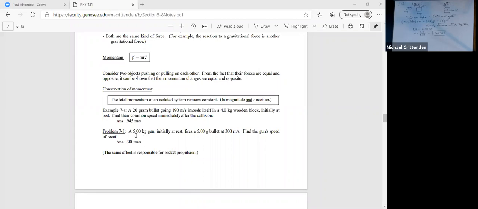So this one that I'm going to have you do is kind of like the one I just did, only backwards. Here, the one I just did, you've got two things that come together. And here you've got what starts out one thing and it pops apart.